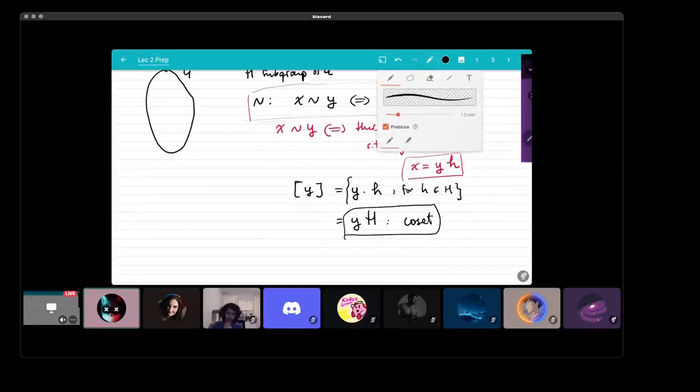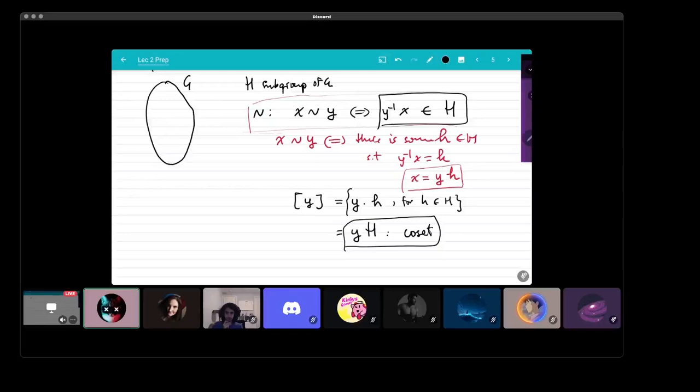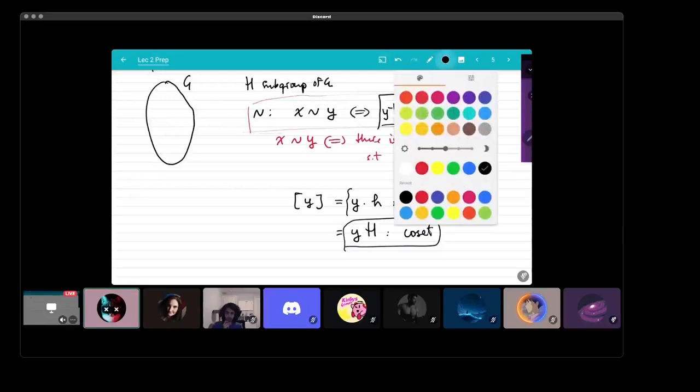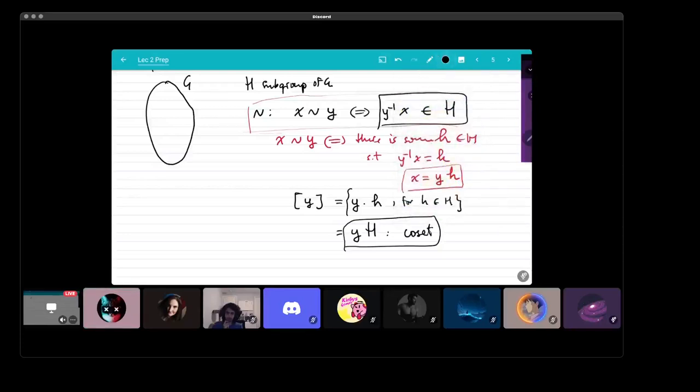So the previous results applied to this said that the equivalence classes partition the whole set. So what it means is G here can be partitioned as equivalence classes, and the equivalence classes are cosets. So aH, bH, and so on, gH.